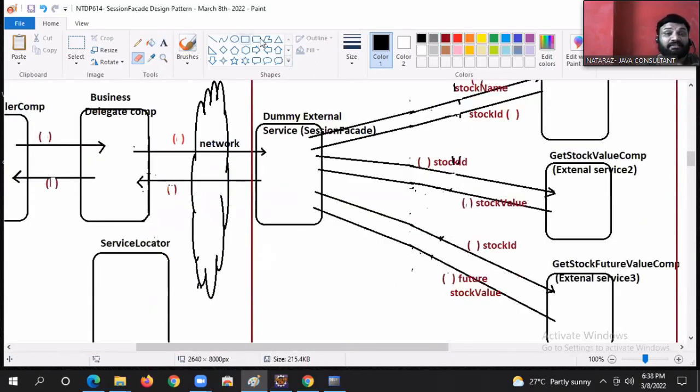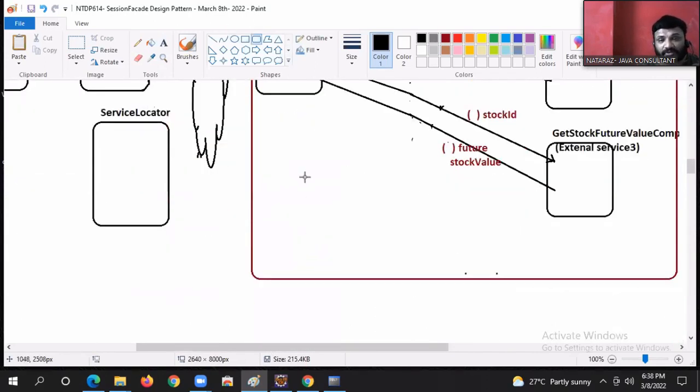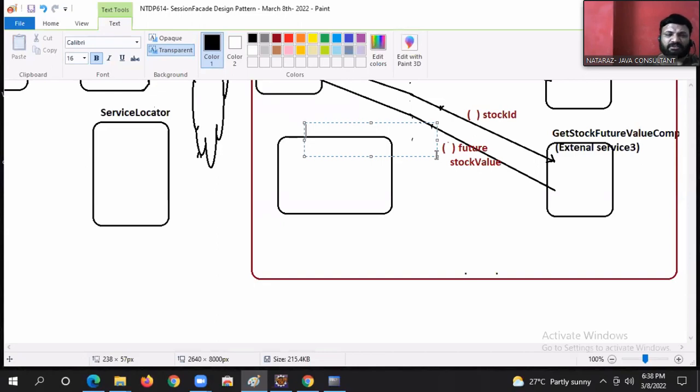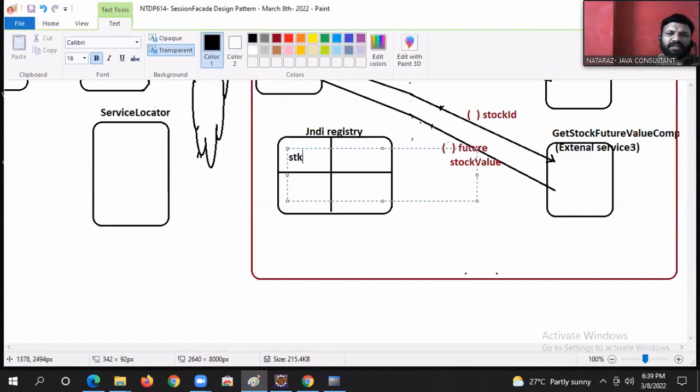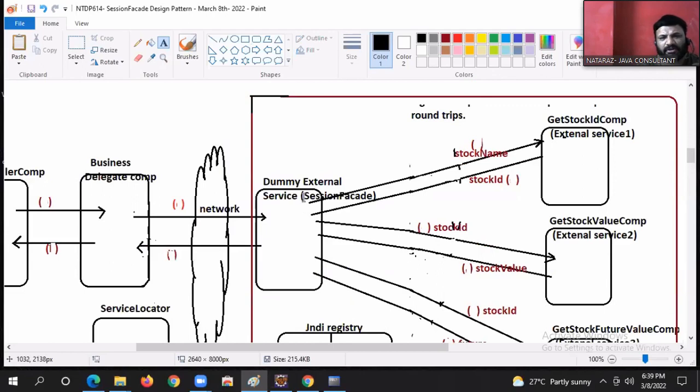This dummy component reference will be stored in the JNDI registry, definitely. Here is my JNDI registry. Stock is the JNDI name.